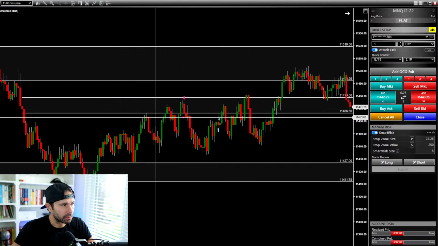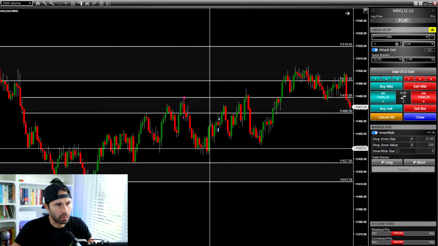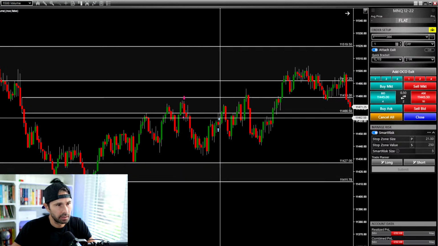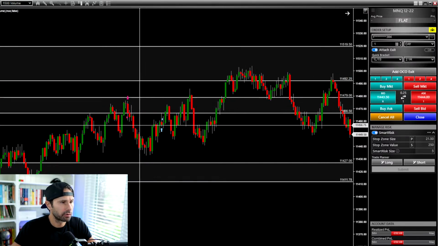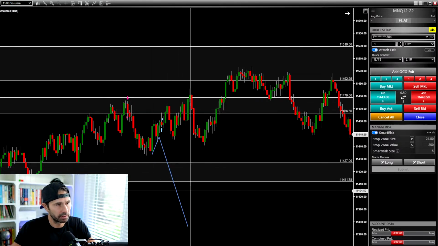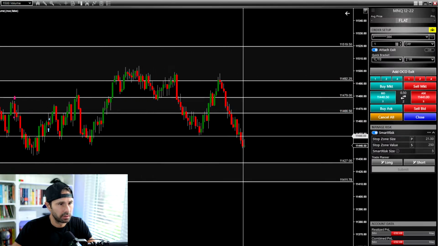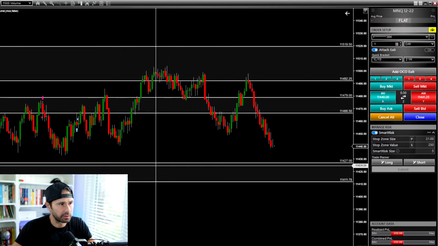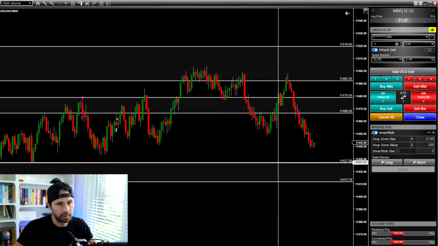Then I took this one here. We went down for like 1.5 to 1, 1.5 the risk, and then we came back here to stop me out break even. I was expecting this thing to just chop around and then continue, but this area is extremely strong. This area has been very strong since the overnight and yesterday, so it's a very important level that right now I'm paying attention to.